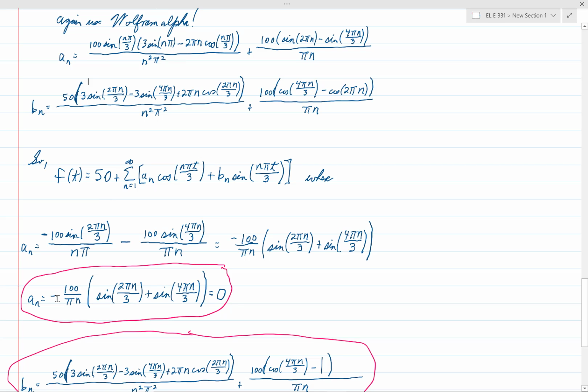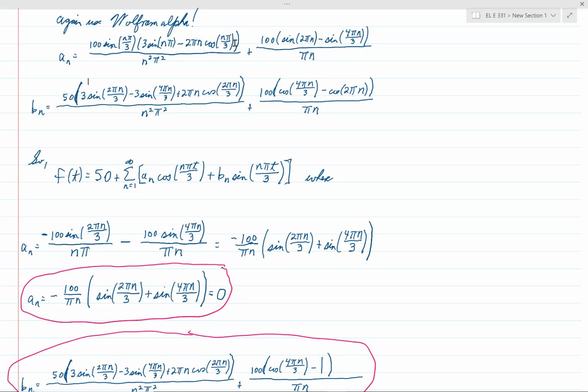And then the final thing to observe is that, okay, we have 100 out here, plus we have that negative sign, so that's negative 100. And you can see the sine of n pi over 3 times 2. Now remember, we've already taken care of the negative sign, and the pi n has already canceled down here. So what we're left with is sine of n pi over 3 times 2 times cosine of n pi over 3, which is the same thing as 2 sine of n pi over 3 cosine of n pi over 3.